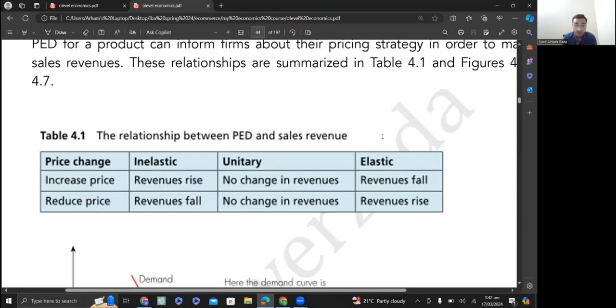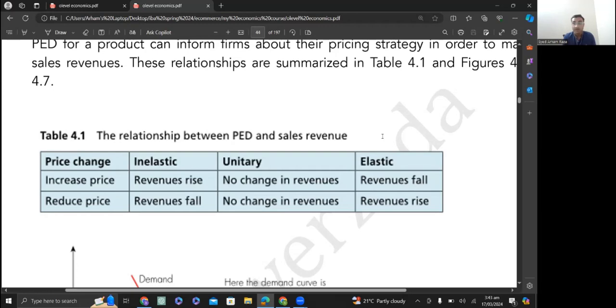So in such circumstances, your revenue will rise because customers will not go towards other substitutes or competitors, but will still buy your product, as there are no major competitors of such products which have a low elasticity. Now unitary, this is again an assumption that does not really exist in the real world, but there will be no change in revenue if you increase the price for goods with unitary price elasticity of demand.